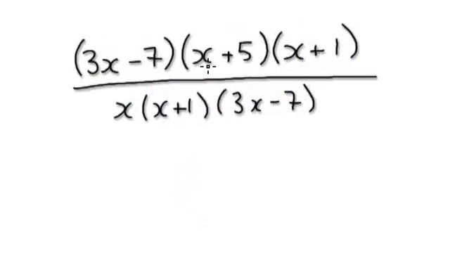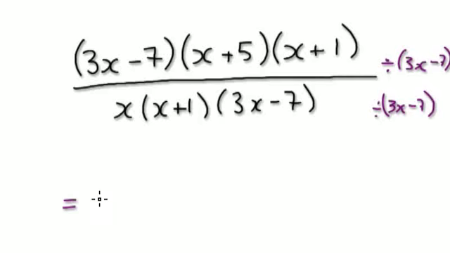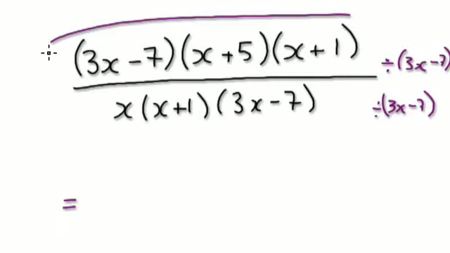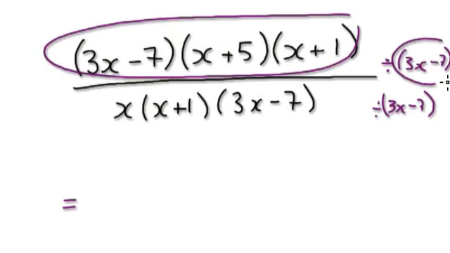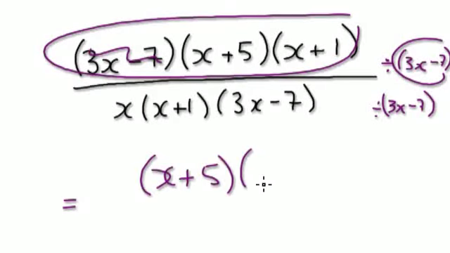Okay. What you're actually doing is this. Inside your mind, divide top and bottom by 3x minus 7. That's in effect what you're doing. And then your next step, well, this thing here divided by this thing here is going to kill off this one here. So what you have left is this.